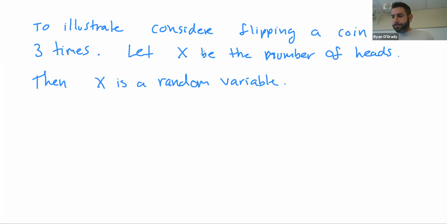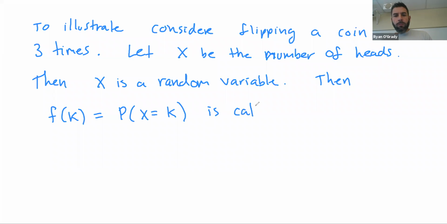So then f of, say, k, which is equal to the probability that X equals some value k, is called a distribution function.